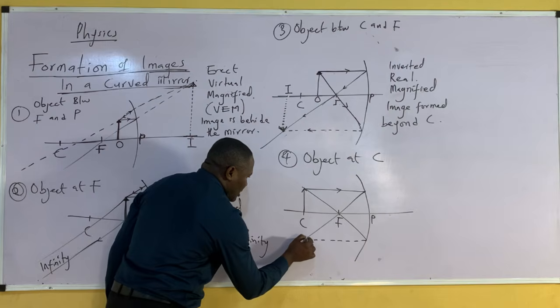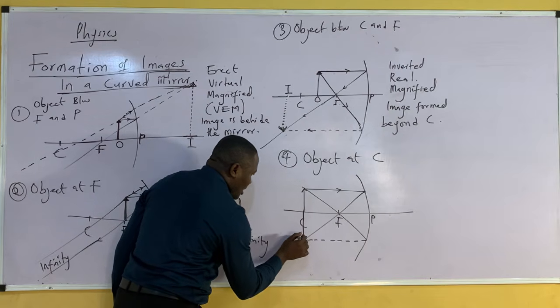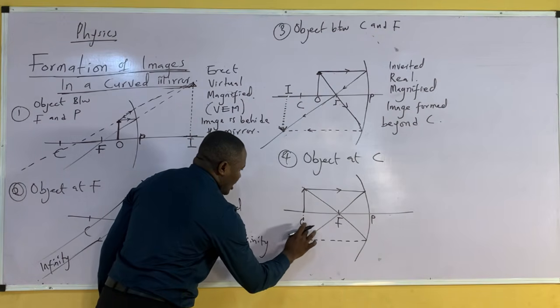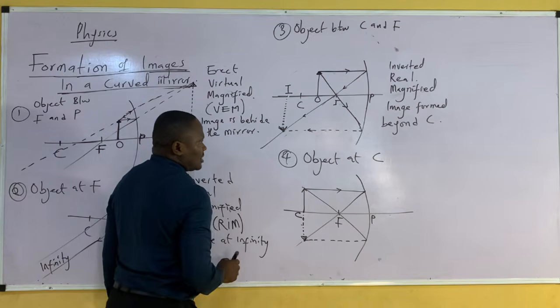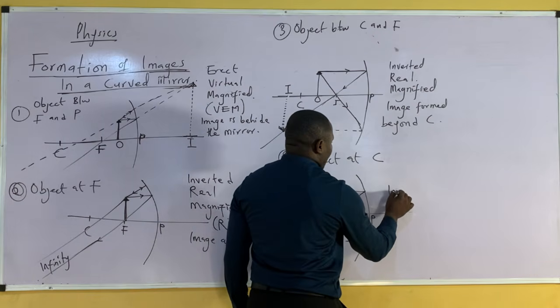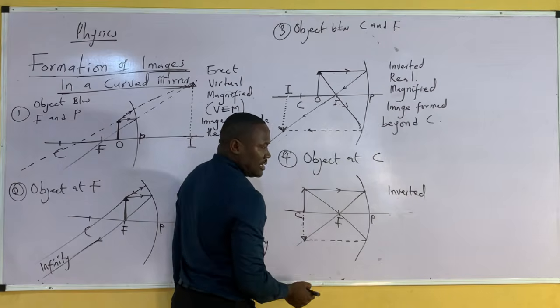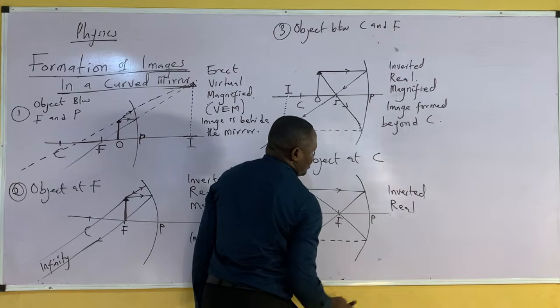So if it's meeting here, it means the image will also be at C. Object at C, image at C. The image formed is inverted. It is real. If it's inverted, it is real.